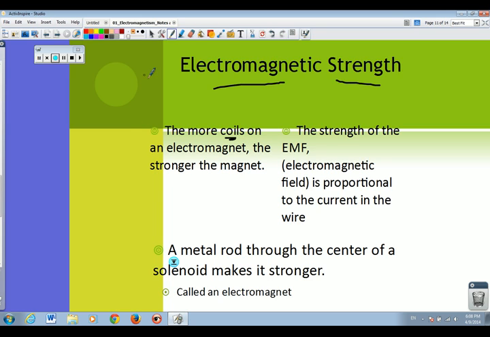The strength of the magnetic field is also proportional to the current in the wire. So you wonder why we've been doing a lot of those calculations. We need to look at that current going through that circuit. You also need some type of metal rod at the center of that solenoid. And basically, we're making an electromagnet. We'll probably build these in class.